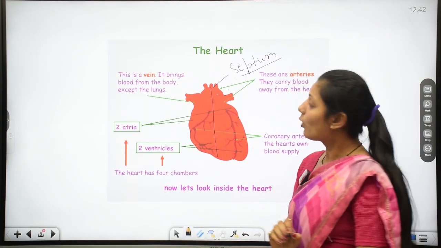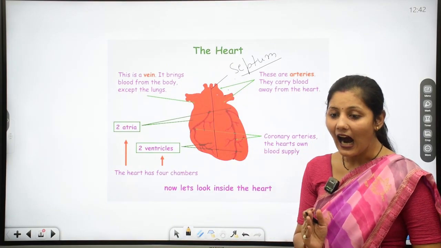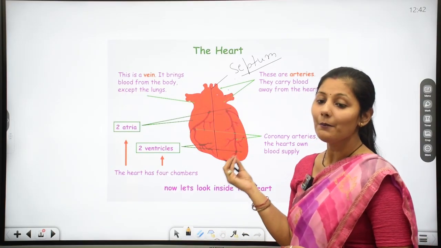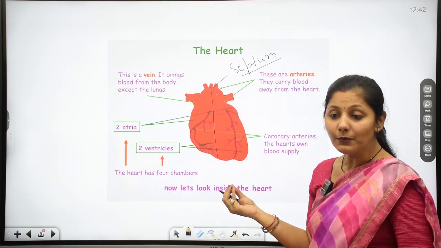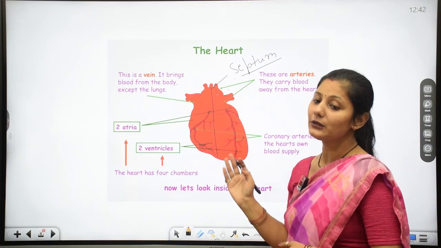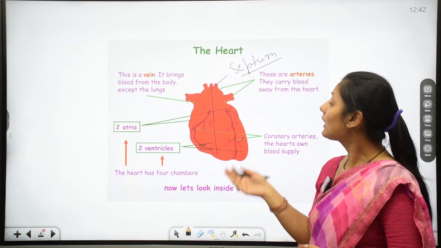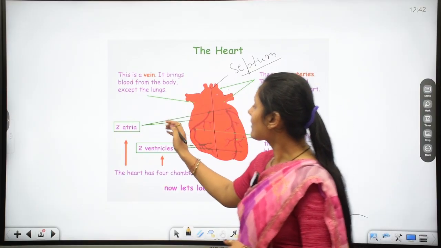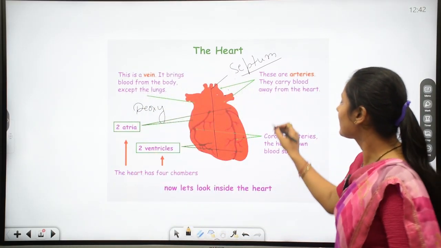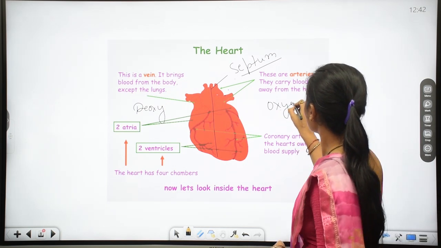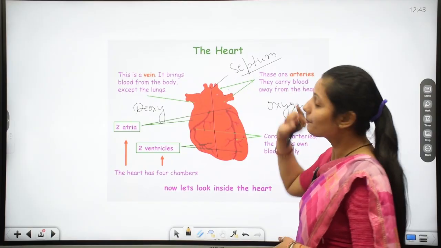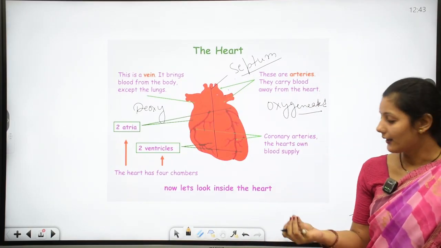This wall divides the heart into right and left, and it prevents the mixing of blood. As you know, your right side contains deoxygenated blood and your left side contains oxygenated blood. So the septum prevents the mixing of blood.